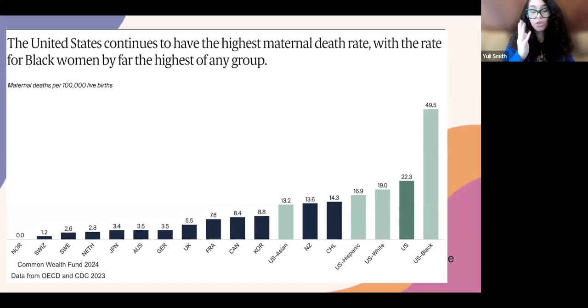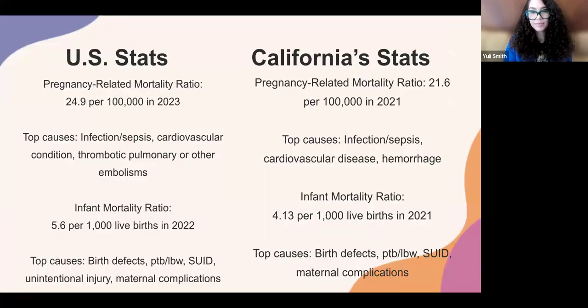This almost 3 to 4 times increase in the maternal mortality rate that we're seeing is absolutely correlated with racism and institutionalized racism here in the US. Okay, that trickles into the care that is given to Black folks when they're giving birth. Next slide, please.